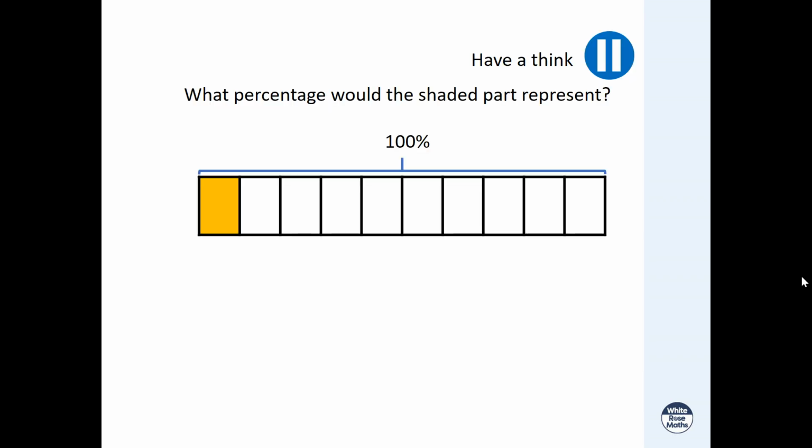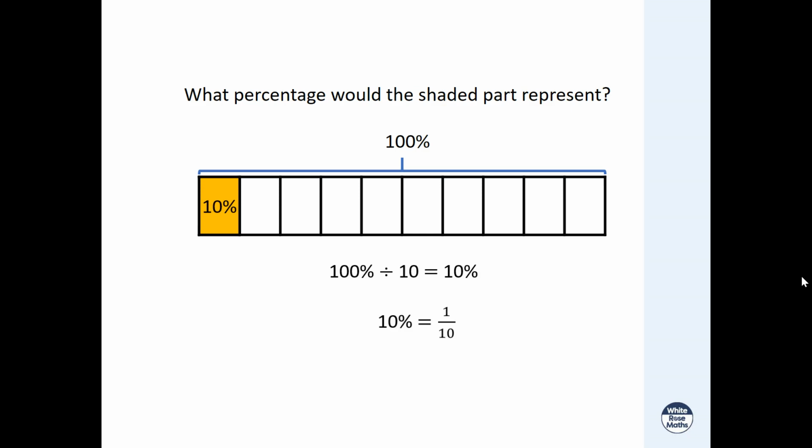Right, if you have a look at this bar model that is representing 100%, what percent would be shaded? It is 10% because 100% divided into 10 is 10% or 1/10.